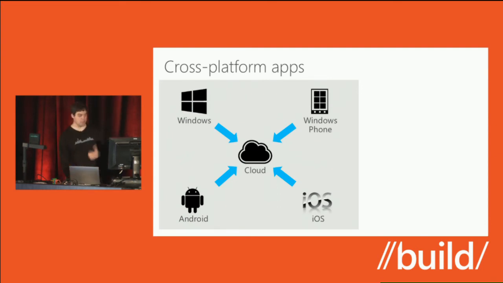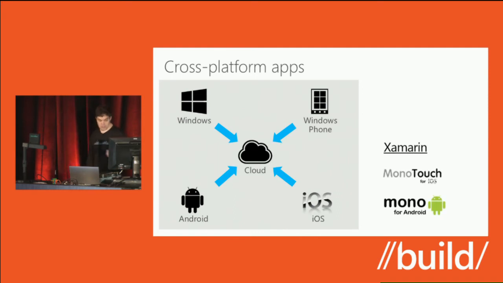So what I think is a pretty good solution to that is to use these tools by the company called Xamarin, MonoTouch and Mono for Android. And these basically let you write C# code that will run pretty much as native apps on each of these platforms.